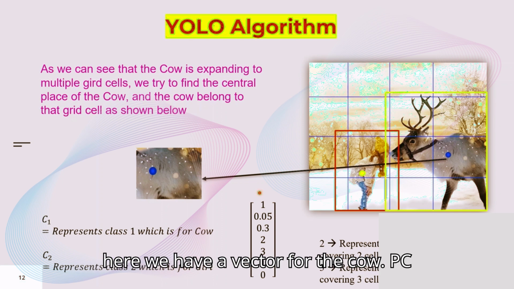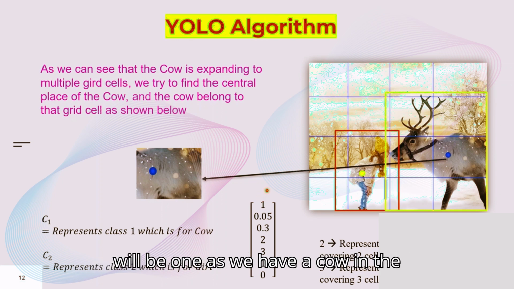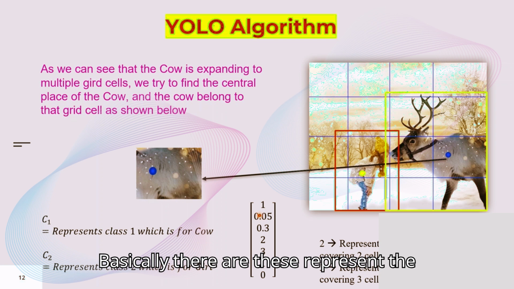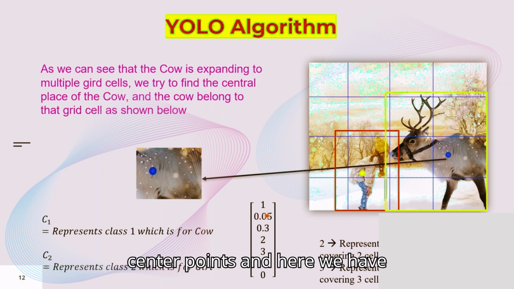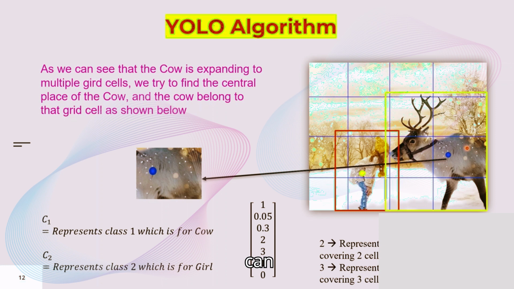So here we have a vector for the cow. PC represents the probability of class, which will be 1 as we have a cow in the image. These represent the center points, and here we have 2, which represents the width, as the cow is covering 2 cells, 1, 2, while in terms of height, the cow is covering 3 cells, 1, 2, 3.